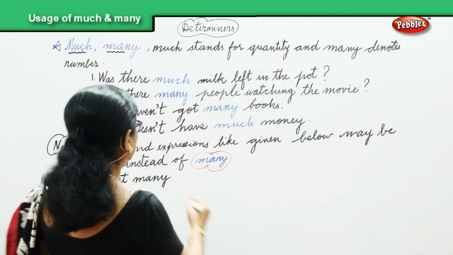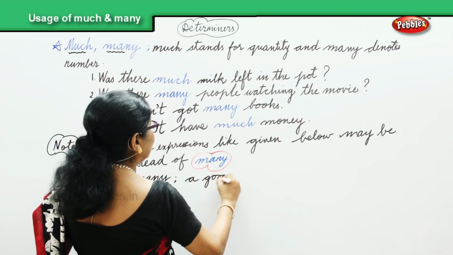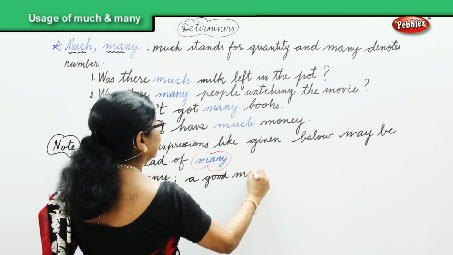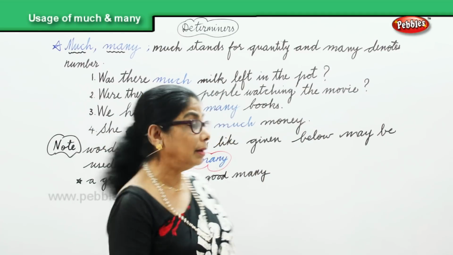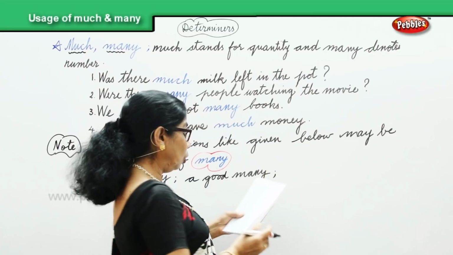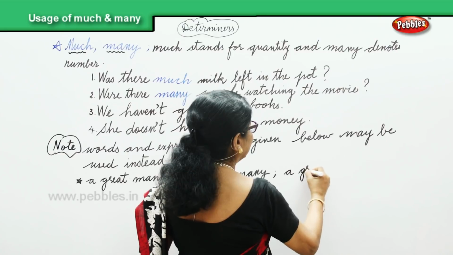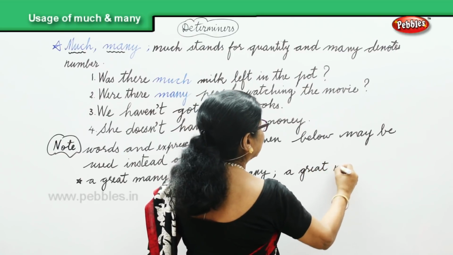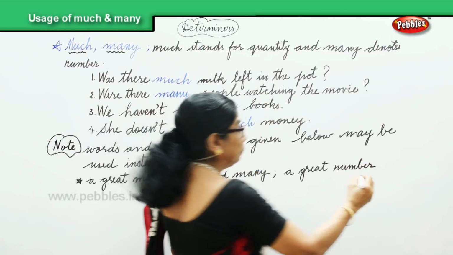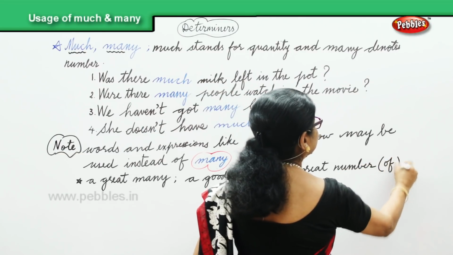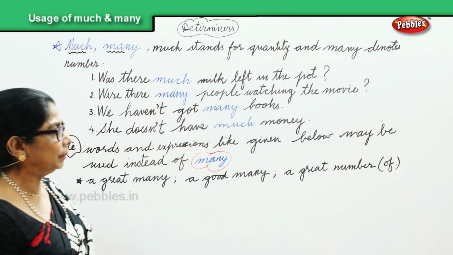A good many animals disappeared from the forest. Or we can say a great number of trees were cut off. That means the big number.